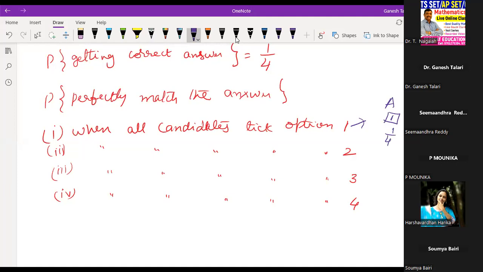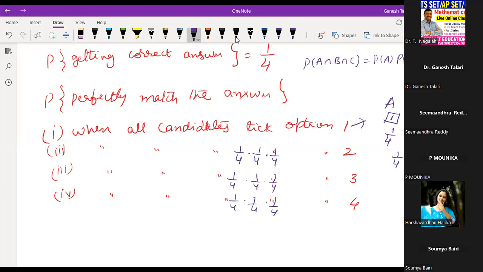And it already clearly says that they are independent. As you know that probability of A intersection B intersection C, we can write probability of A into probability of B into probability of C. So based on this, I can write 1 by 4 into 1 by 4 into 1 by 4. For the second option, similar way, 1 by 4 into 1 by 4 into 1 by 4. Third option, same thing. Fourth option also same thing.